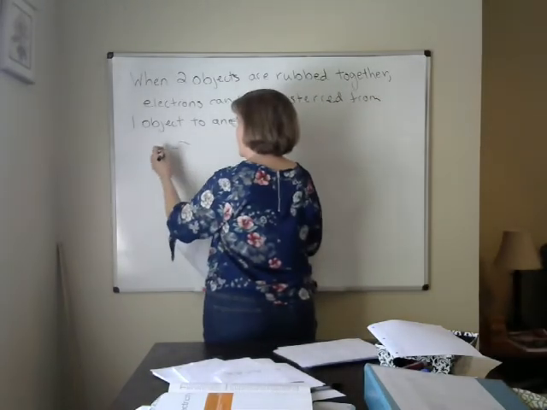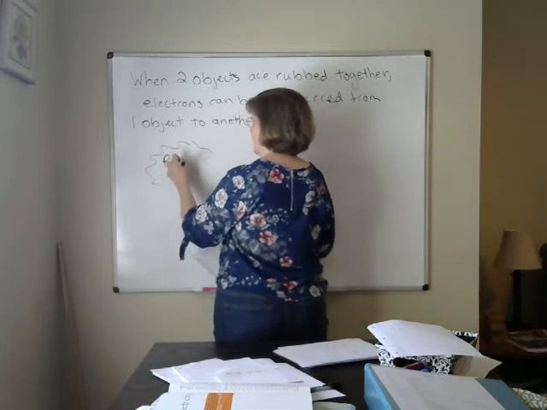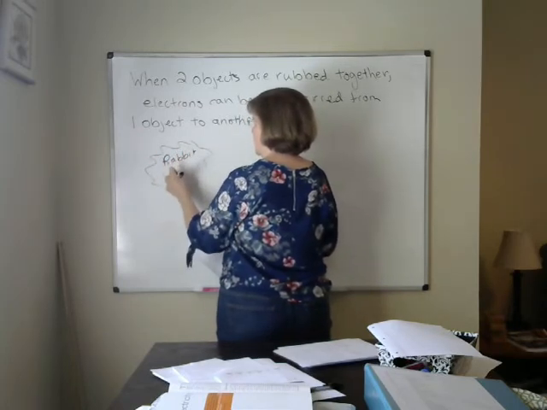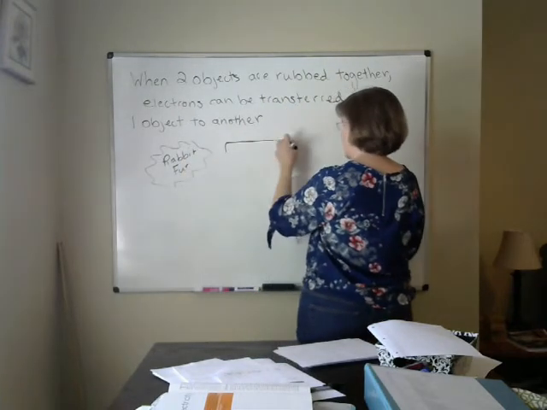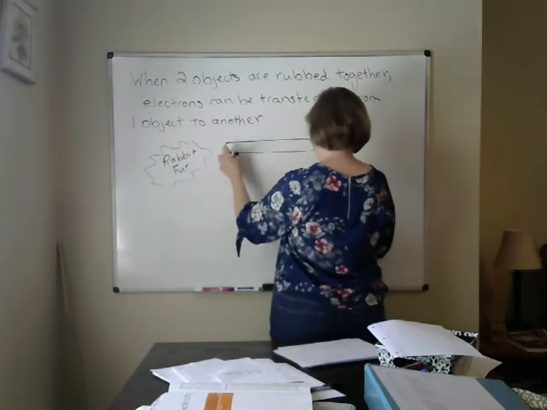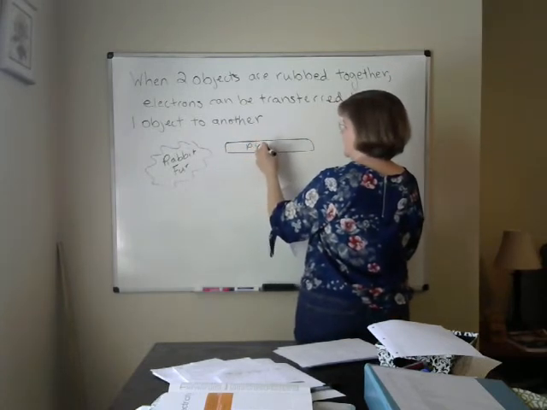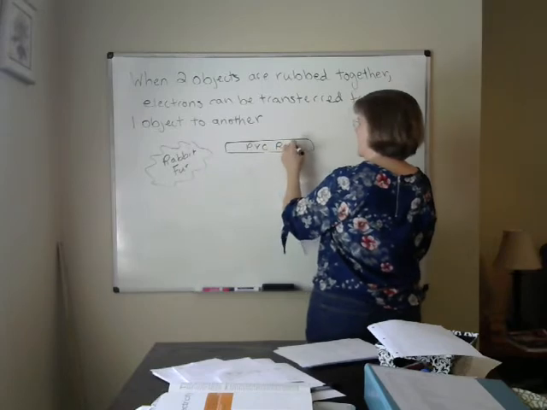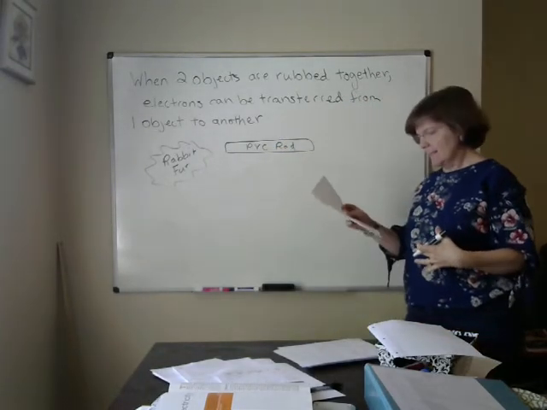So, for example, if I have a piece of rabbit fur, and I have a PVC pipe, a little piece of PVC rod, something like that, and they're initially both neutral, neither of them has any excess charge.